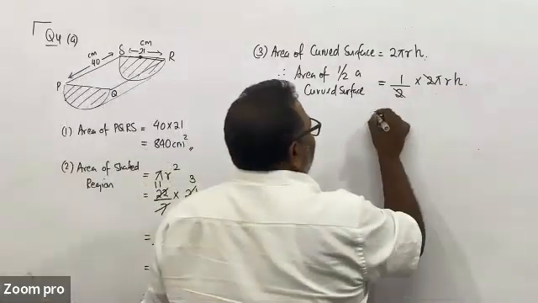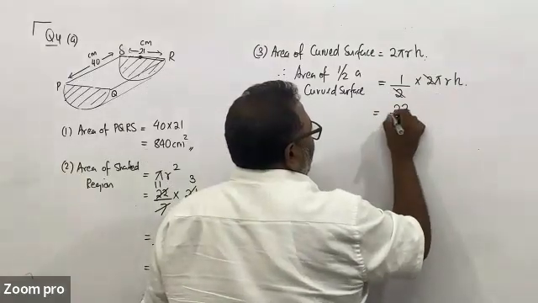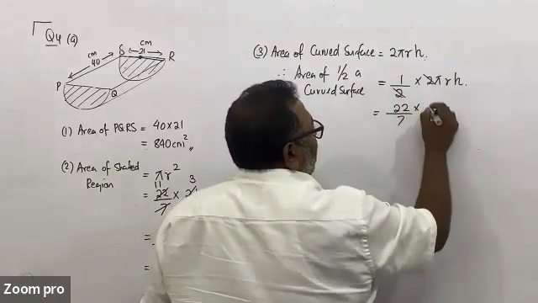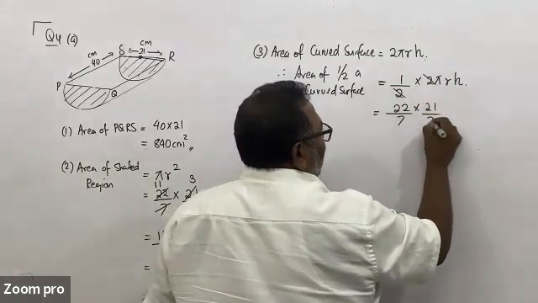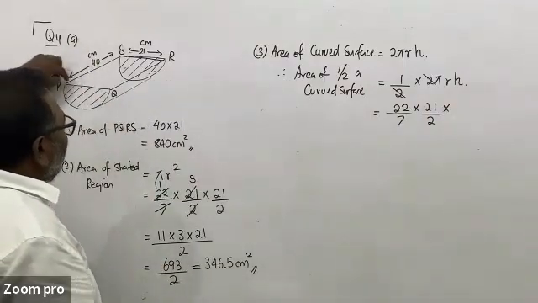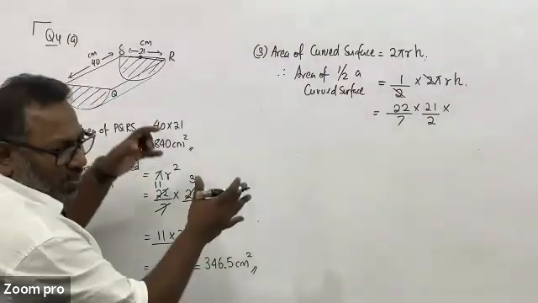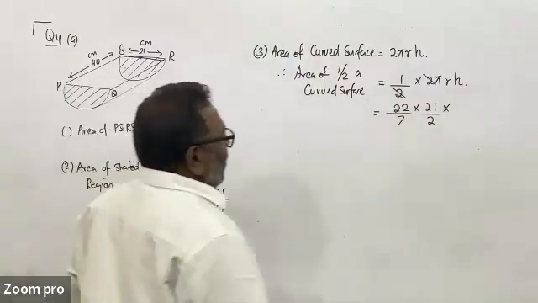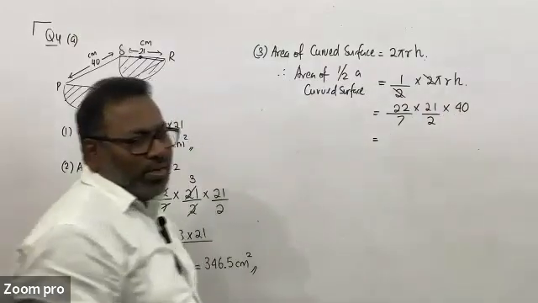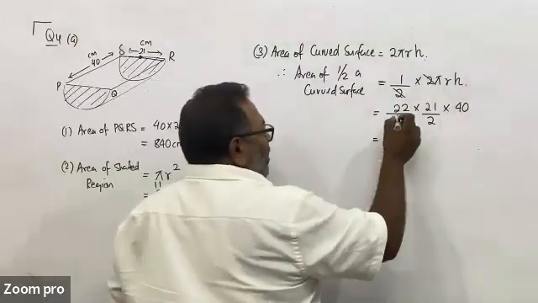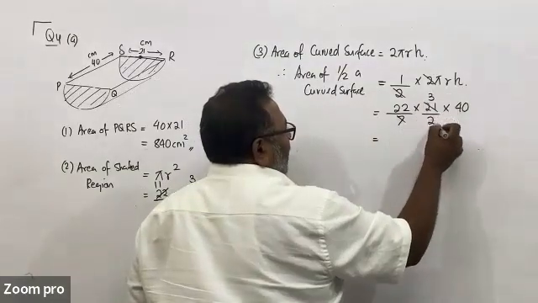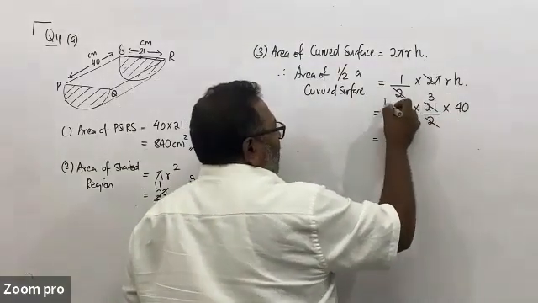Now what are you left with? Pi, 22 over 7. Radius, 21 divided by 2. And this is the height of the curved surface, that is 40 centimeters over here. Okay. So simplify now. 7 divided by 7 is 1. 21 divided by 7 is 3. This and this will cancel.